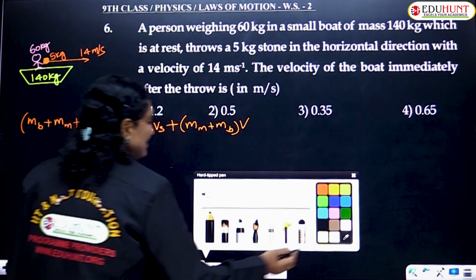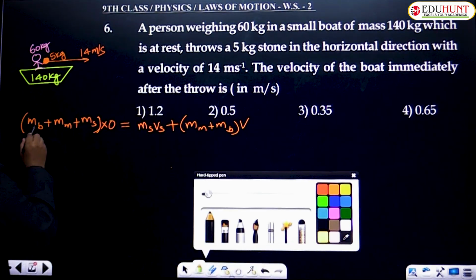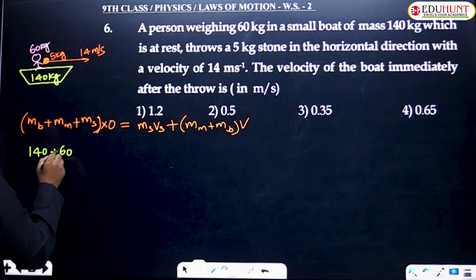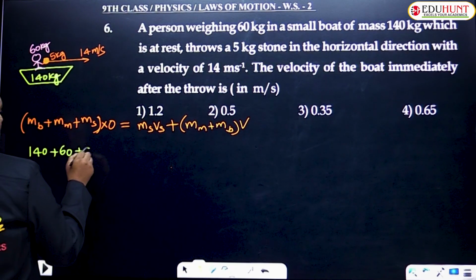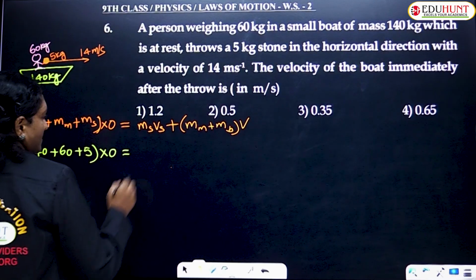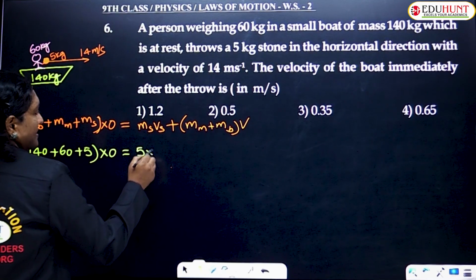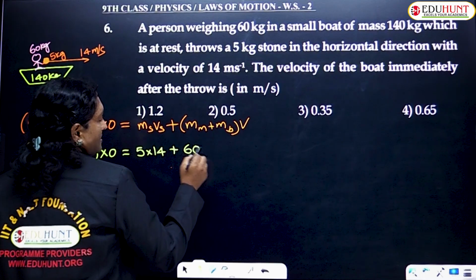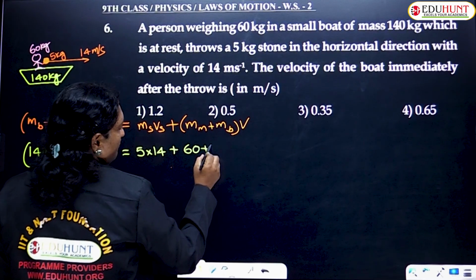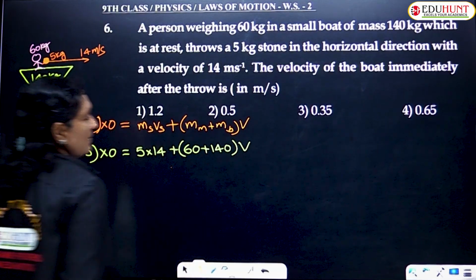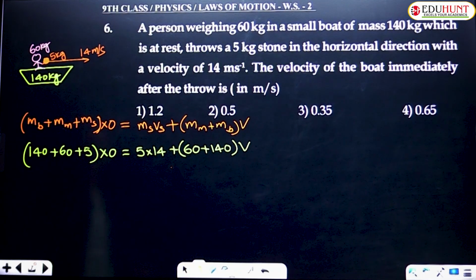Substituting all the values in the above equation, mass of the boat is 140, mass of the man is 60, and mass of the stone is 5, into 0 must be equal to: stone mass is 5 kg, stone's velocity is 14, plus mass of man 60 and mass of boat 140 into the velocity V with which the man along with the boat is moving.